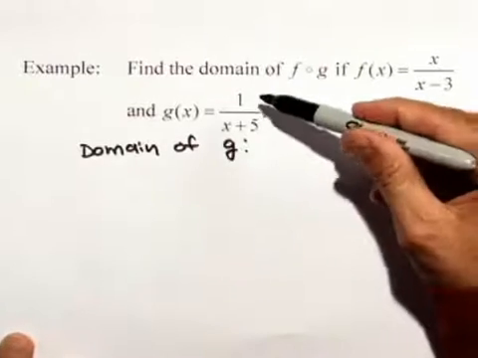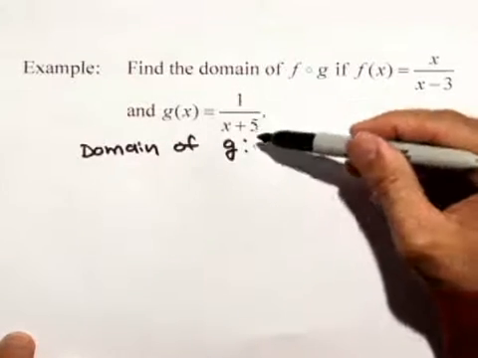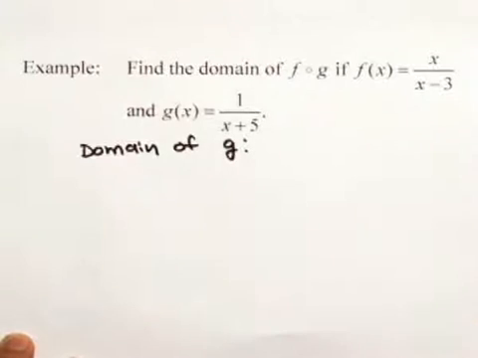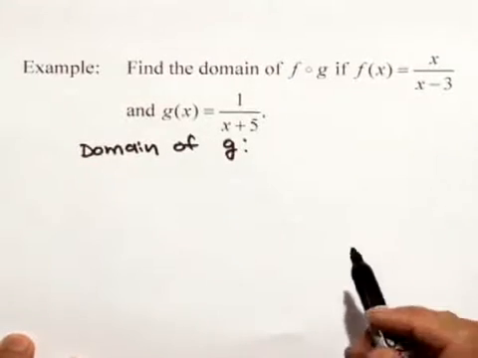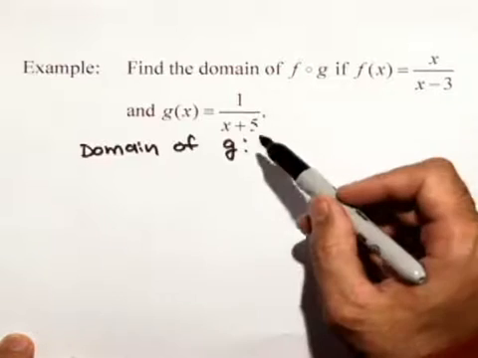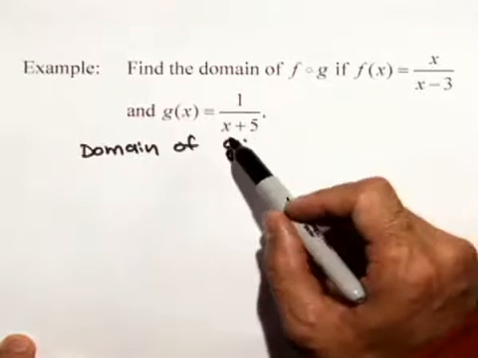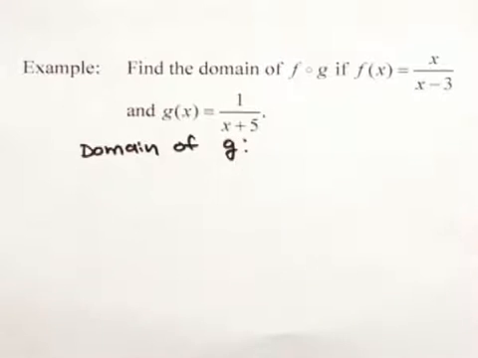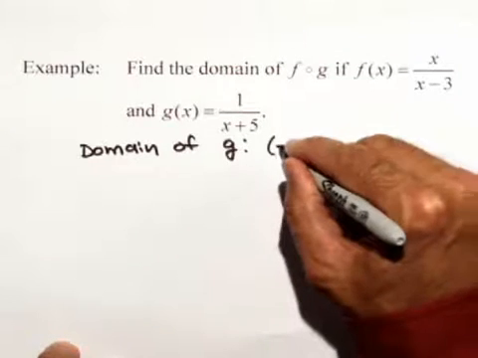Well, g is a rational function, 1 over x plus 5 in this case. The domain of any rational function is all real numbers except those values of x for which the denominator is equal to 0. In this case, the denominator will be 0 when x is negative 5. So the domain of g is all real numbers except negative 5.